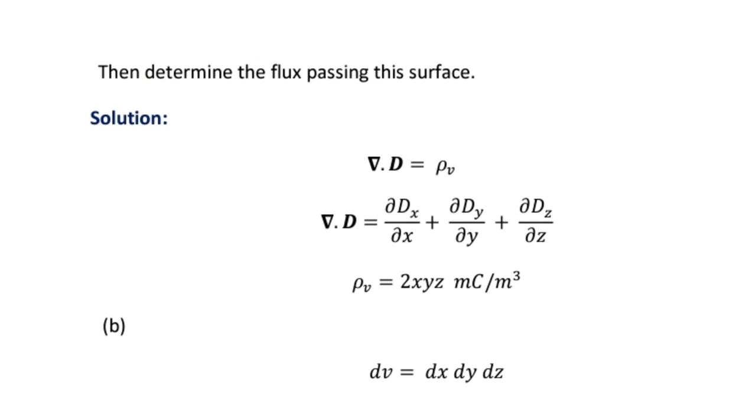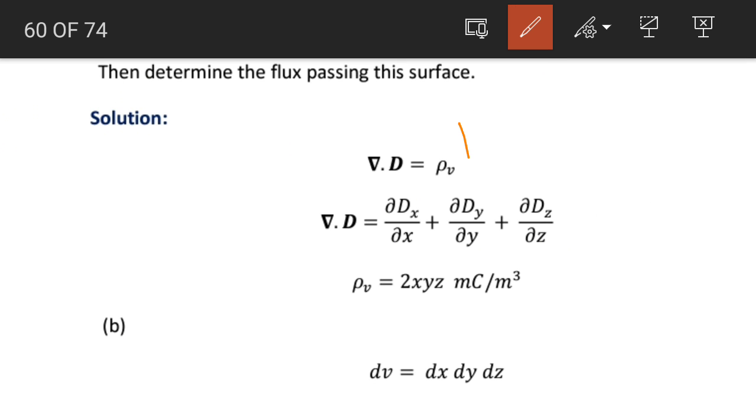So according to the first equation of Maxwell, the divergence of the electric flux density will be equal to rho v. This is how we calculate the divergence in the rectangular coordinate system. We partially differentiate the x component with respect to x, plus we partially differentiate the y component with respect to y, plus we partially differentiate the z component with respect to z.